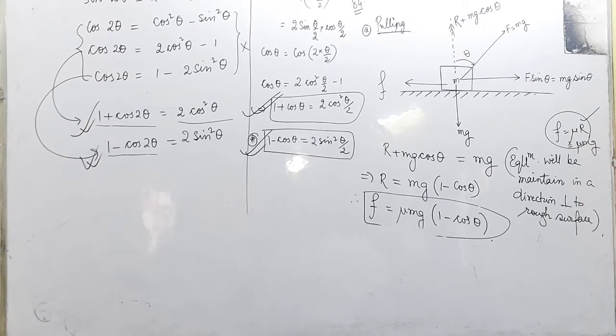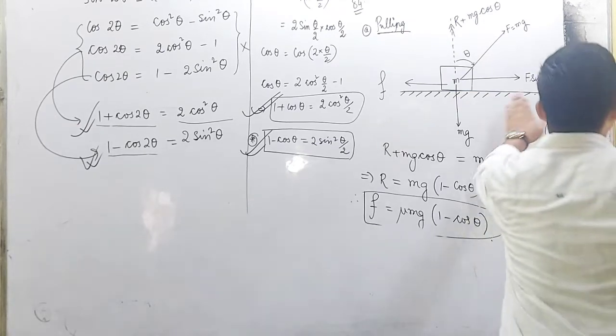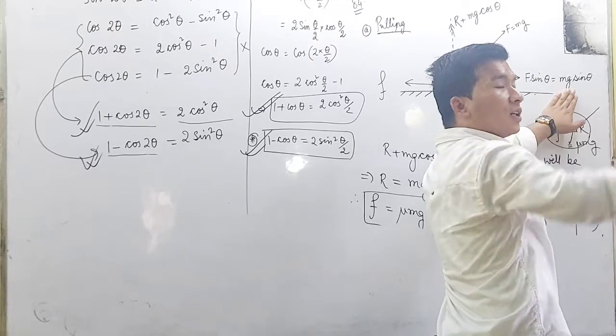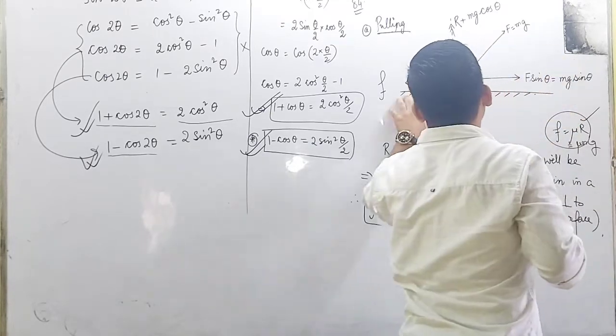Block along the surface. That means the body is going to move in which direction, to the left or to the right? Along the direction of mg sin of theta. This mg sin theta must be greater than or equal to f.